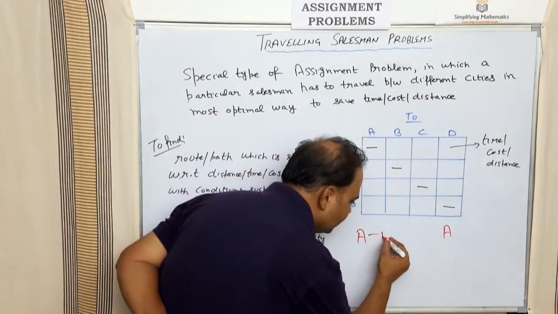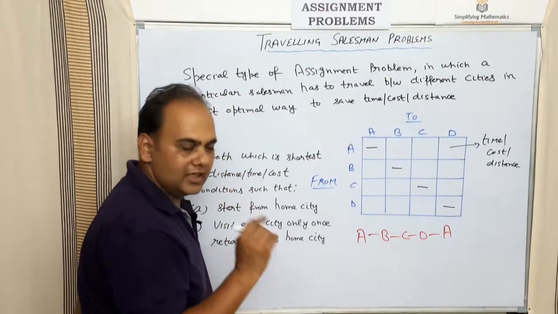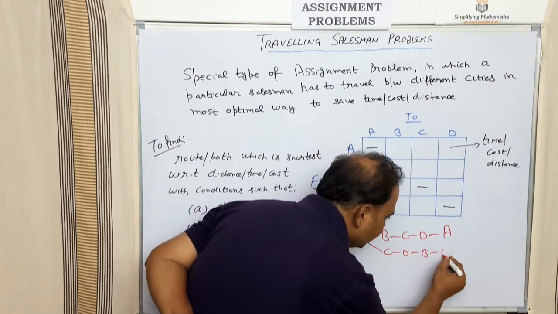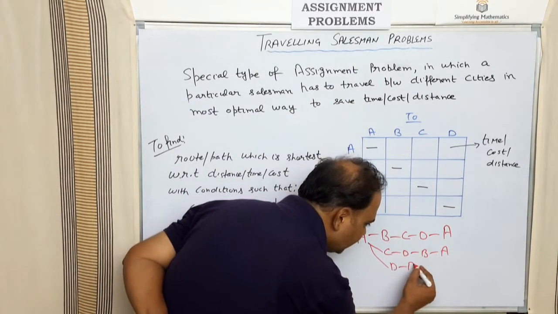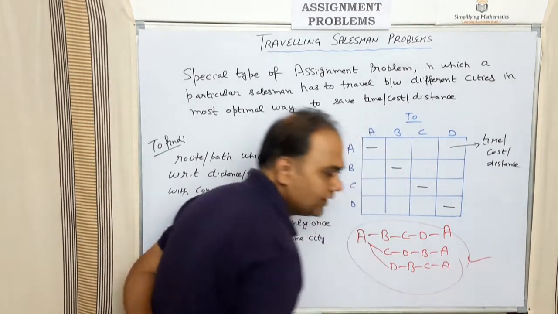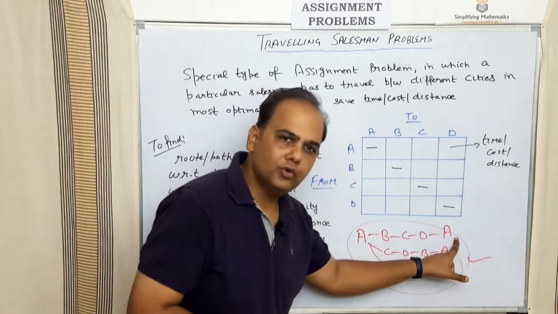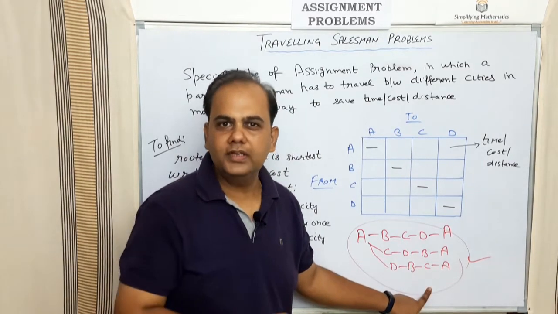So for example, he can go from B, then C, then D, then A. This can be one path, or he can go to C, D, B, or A. This can be another path, or even he can go to D, B, C, or A. Any type of path he can follow, but start from the home city and return to the home city with the condition that all cities should be visited only once.